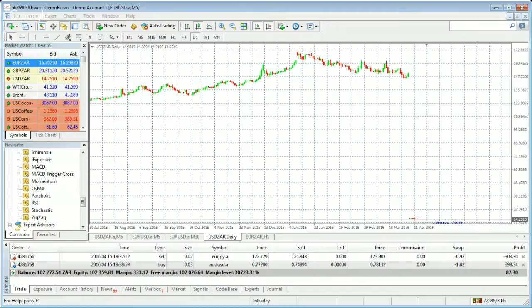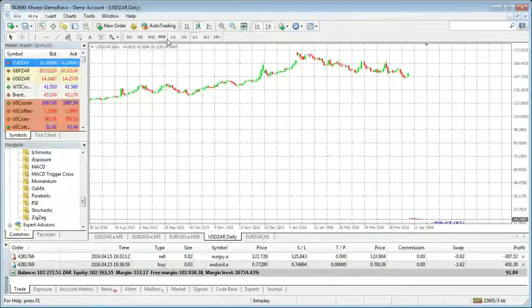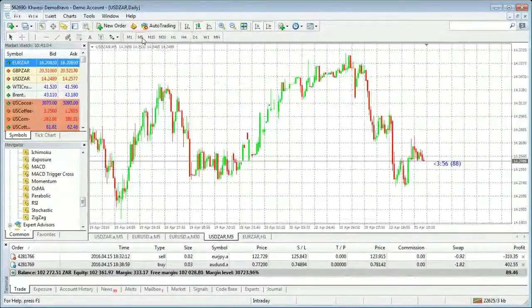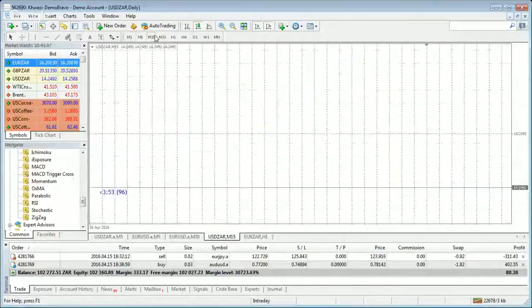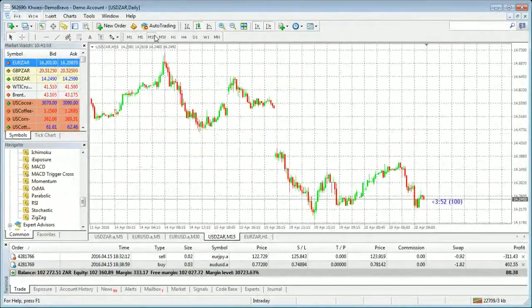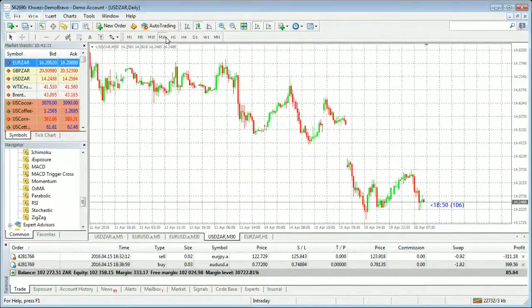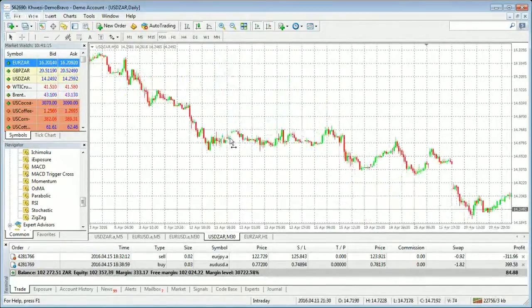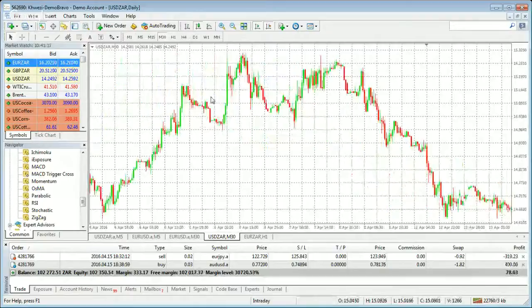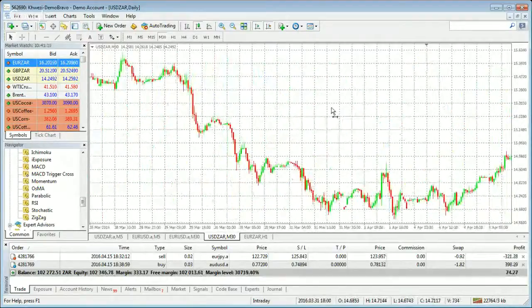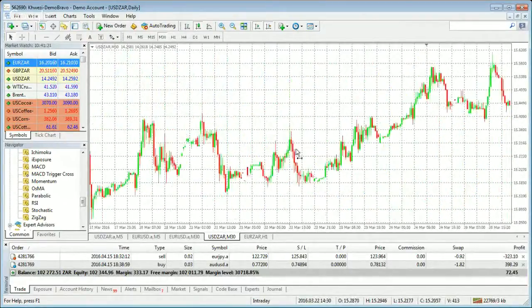Okay, let me check. Yep, 5 looks good. 15 looks good. 30 would look good only until the date of where that issue happened, I think.